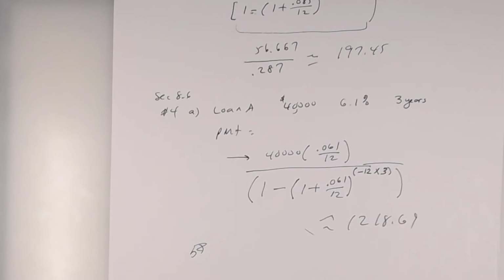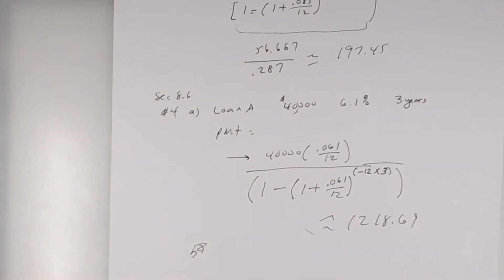What does that $1,218.69 represent? Your monthly payment. That's your monthly payment. If I'm going to find out how much total interest I end up paying, what is it that I must know?